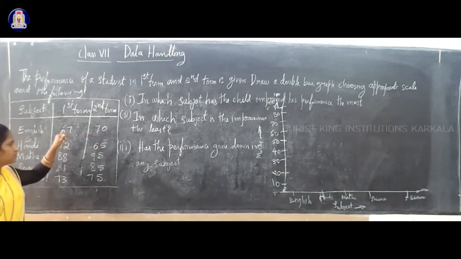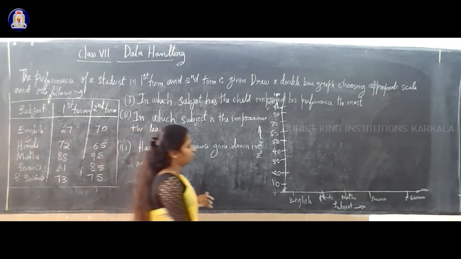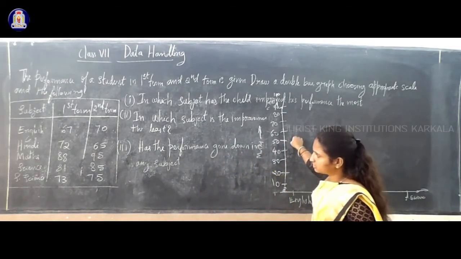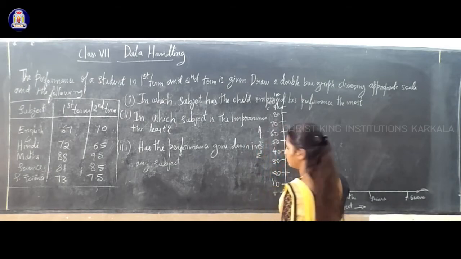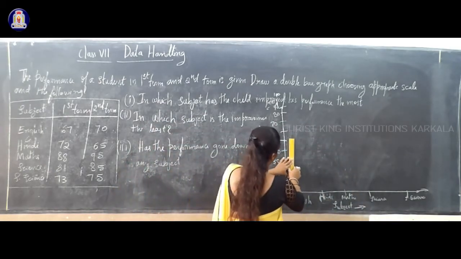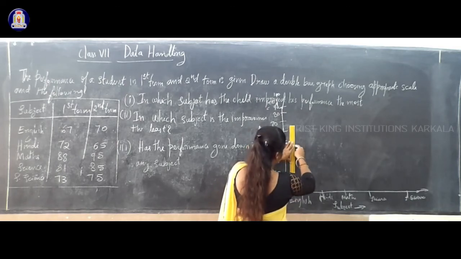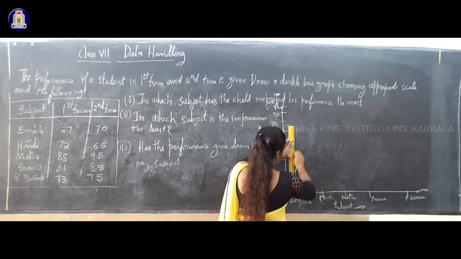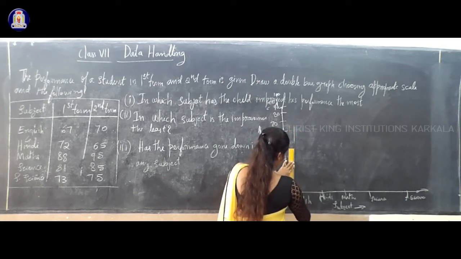Clear? So first you have to write the marks in the first term, that is 67. Now you have to use a scale and pencil and draw this. Clear? So 67 is in between 60 and 70. So draw a straight line.